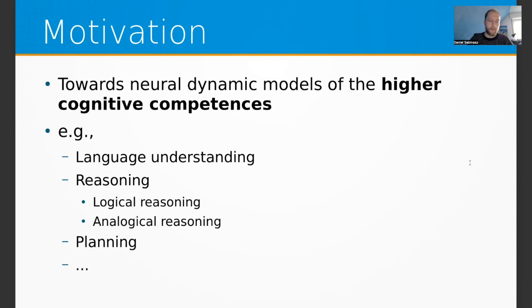And depending on who you ask, there are different kinds of competences that people would call these higher cognitive competences. Some are actually critical towards calling this a higher cognitive competence. So some people would just say there is no distinction between higher and lower cognition. There's just cognition, and there's no categorical difference.